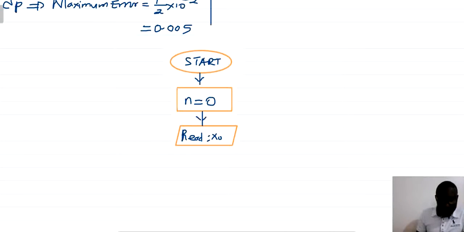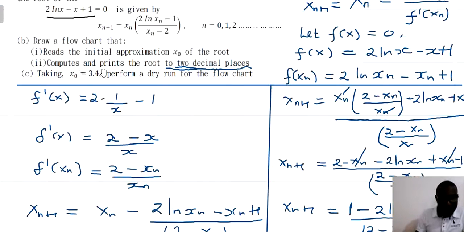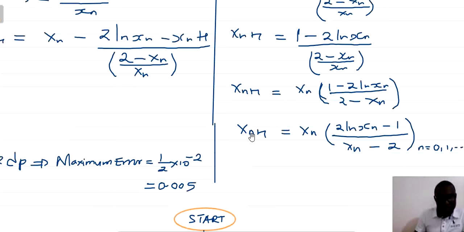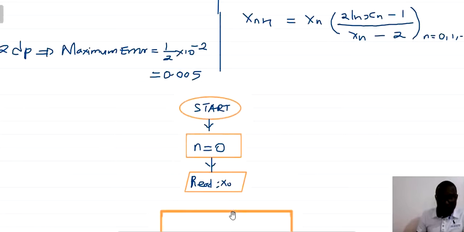Then let us see what happens next after we have read the value. Compute and print the root to the smaller places. Now the root can be computed using this formula here. So I'm going to bring in the box for computing or assigning. You know, that is supposed to be a rectangle. So within our rectangle, I'm going to print right there this formula, because we are going to compute basing on that formula.